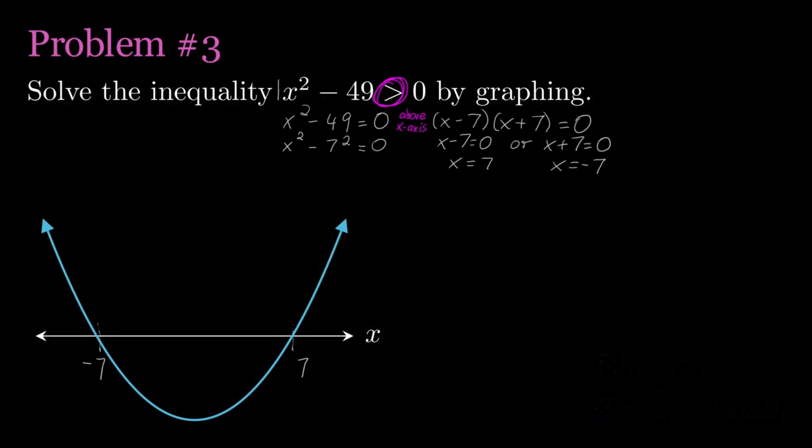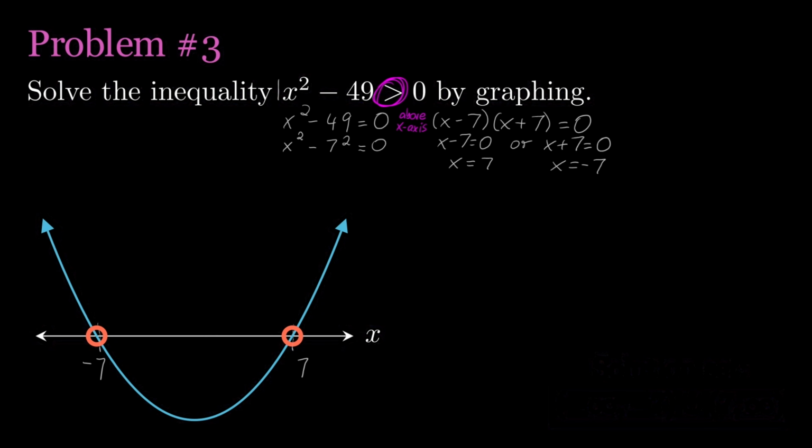Our x-intercepts do not belong to the solution set, because remember that x-intercepts are where our quadratic function has the value of 0, so where it is equal to 0. And this inequality does not include equal. So the zeros, the solutions to the corresponding equation, do not belong to the solution set.